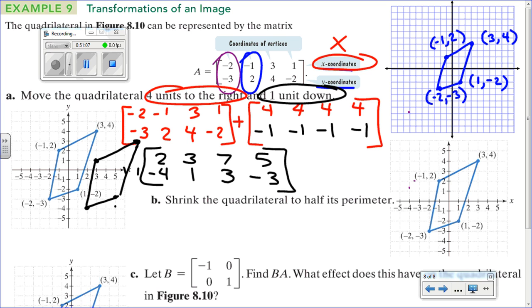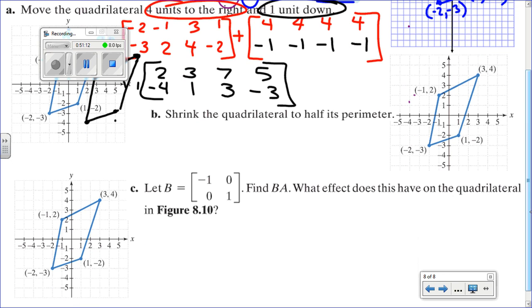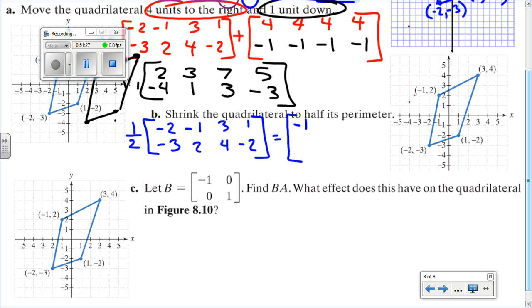Okay. All right, part B, it says shrink the perimeter by half. So what I'm going to do is just multiply the whole matrix times 1/2. So we get -1, -1/2, 3 halves, 1/2, -3 halves, 1, 2, and -1.